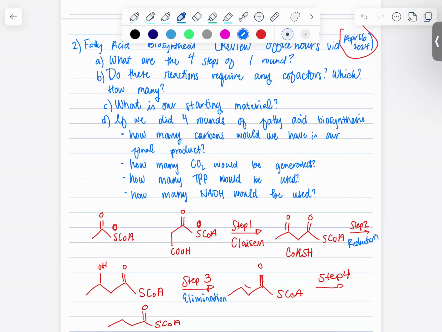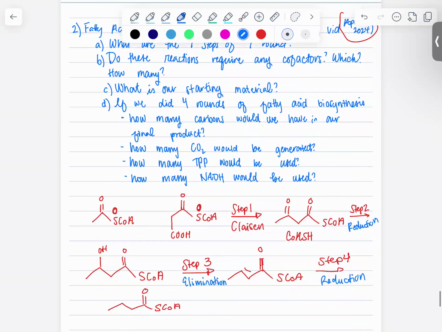We have a fancier name for that. Other way around. Reduction. So we have our 4 steps identified.